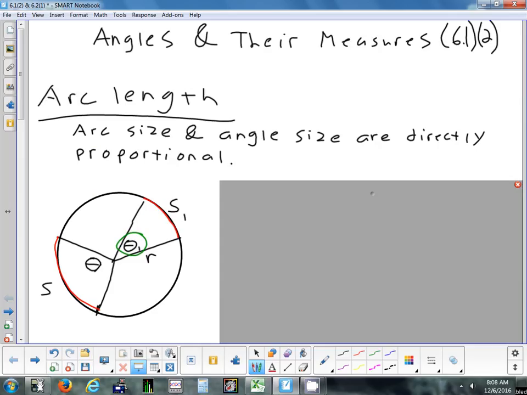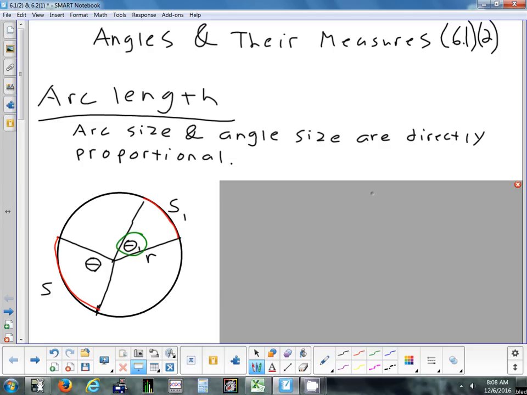And then there would be a special relationship between the size of that arc and the length of that radius. Well, does anybody remember what the special relationship is? This usually doesn't happen, but it can happen if you compare the length of the radius and the length of the arc. What can happen if you compare those two numbers?